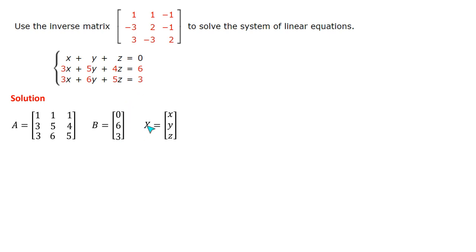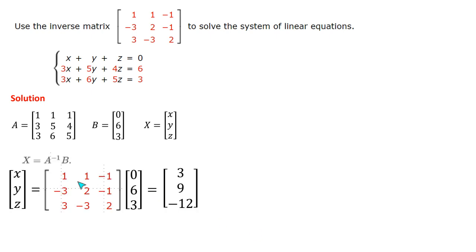And then X is going to be your X, Y, and Z. So if we set this up, we have A inverse, which was given to us, times 0, 6, and 3. So we're going to multiply 1 times 0 and 1 times 6 and negative 1 times 3.